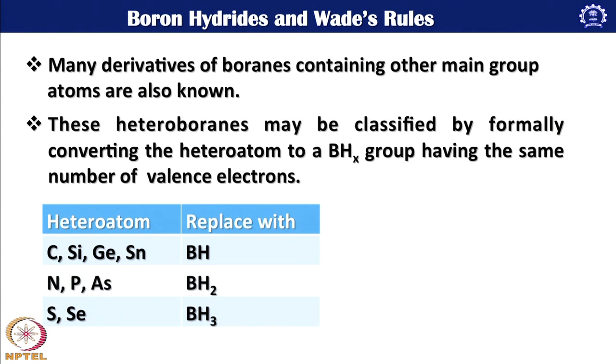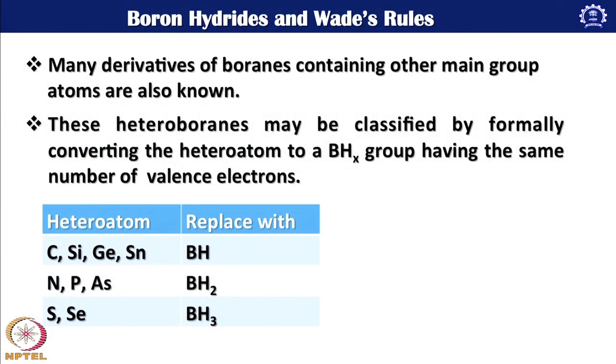That means we should remember now, for example, boron comes from group 13 having s2p1 electronic configuration. In the case of group 14 such as carbon, silicon, germanium and tin, we have s2p2 electronic configuration. That means, if one carbon is replacing boron, then that should replace one BH unit, because 4 electrons will be compensated.